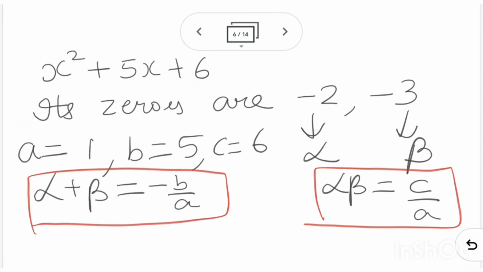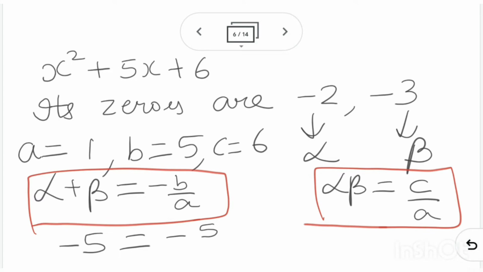Now if we add the two zeros, minus 2 plus minus 3, we get minus 5, and putting values in minus b upon a, b is 5 and a is 1, so it gives minus 5 upon 1, which is minus 5. So this relation is verified.